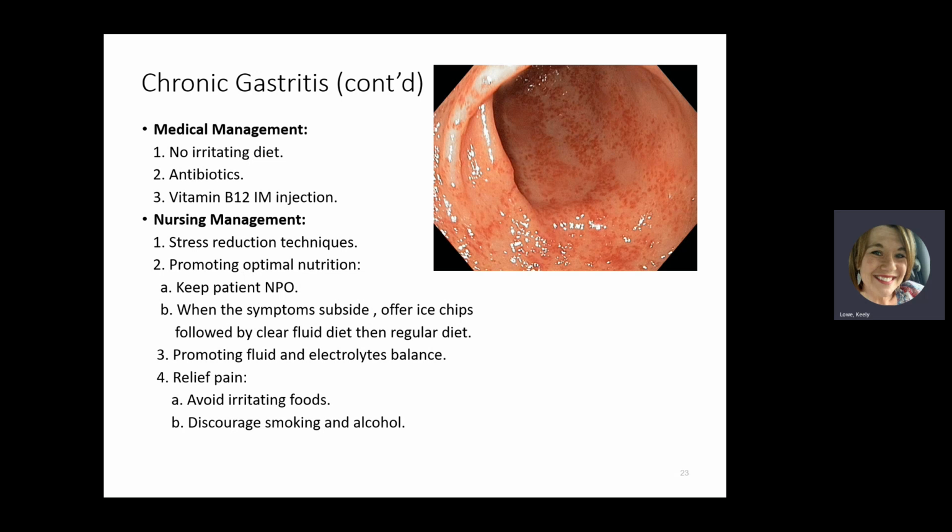So relieving pain in other ways, particularly things that may coat the esophagus and the stomach. Avoid irritating foods, discourage smoking and alcohol, again, to allow that to heal. So we're treating that, but also decreasing those things that increase the levels of stomach acid, or killing the bacteria, or getting rid of anything contaminated they may have taken in.